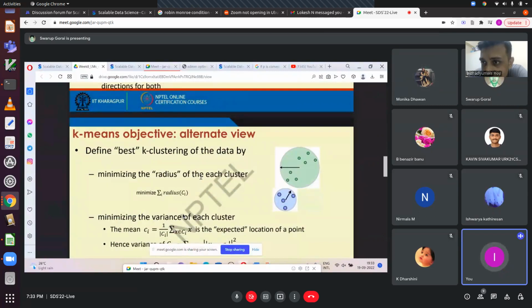There are many ways to take the distance between two points. One way is to take (1 minus 0) whole square plus (1 minus 0) whole square, and then the square root. That is what's called the L2 norm. Another way is to just take 1 minus 0 plus 1 minus 0.